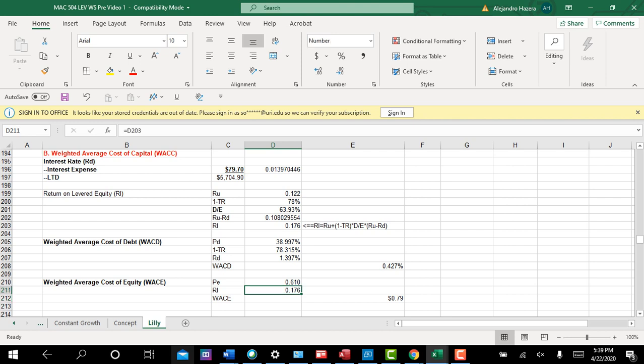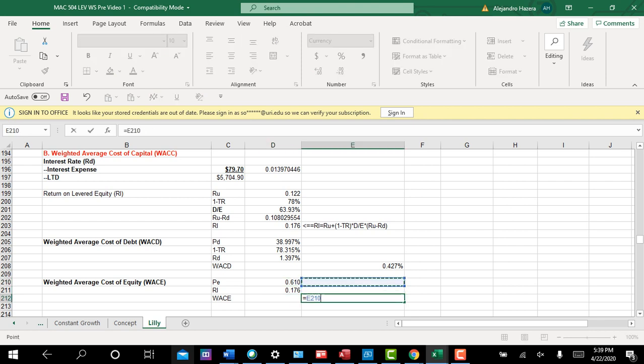Okay, and so 61% times 17% is equal to that amount, times that amount will give you your weighted average cost of equity.